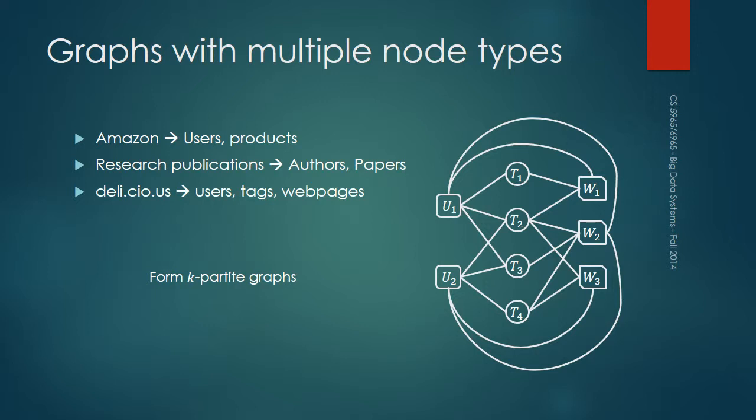But we still want to maintain these kind of k-partite type graphs because they help us do certain other things. We'll come to k-partite type graphs later in the lecture, but I want you to at least understand how, when we take our standard problems, what kind of graphs you end up with and how you're mapping.